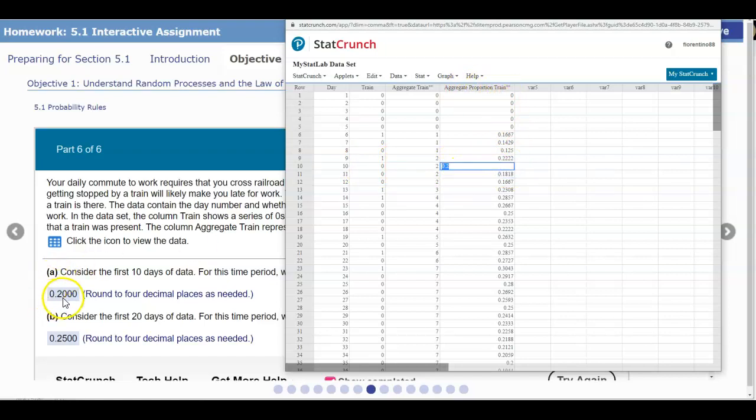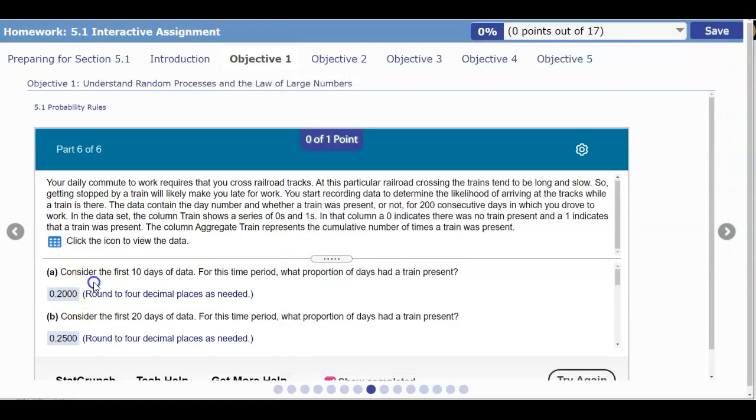So therefore, to 4 decimal places, it's going to be 0.2000.